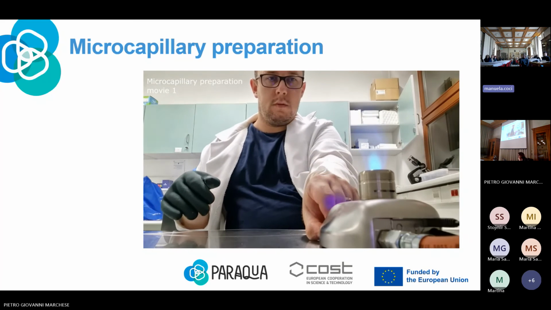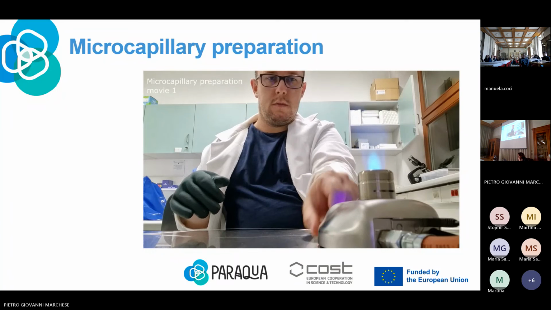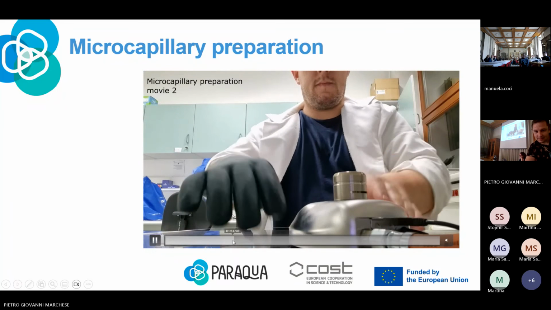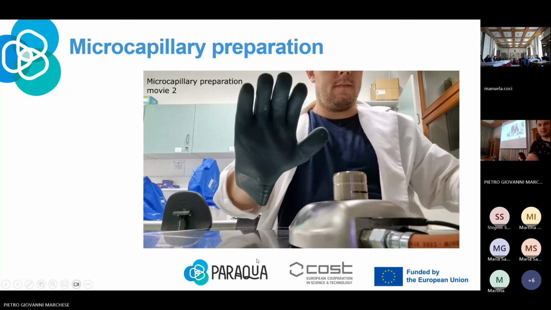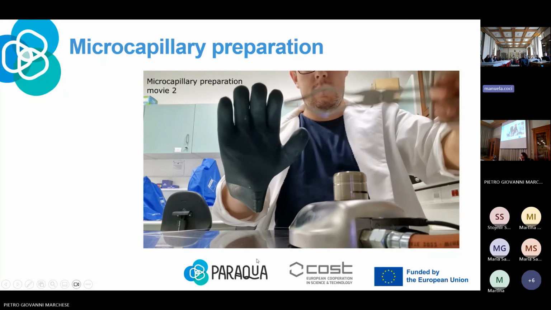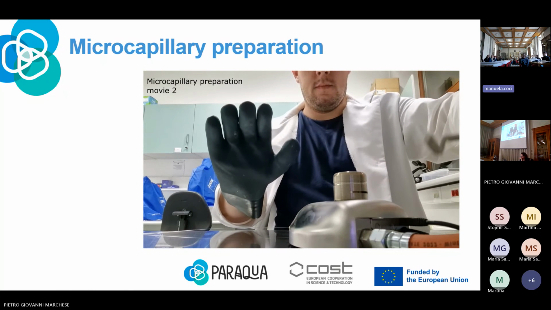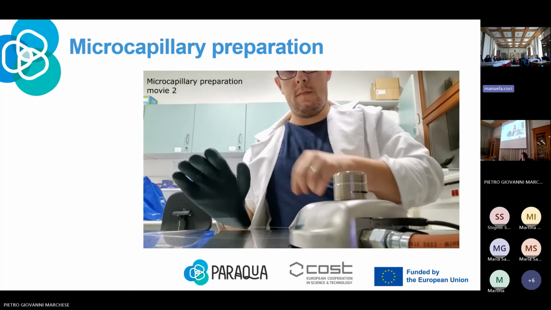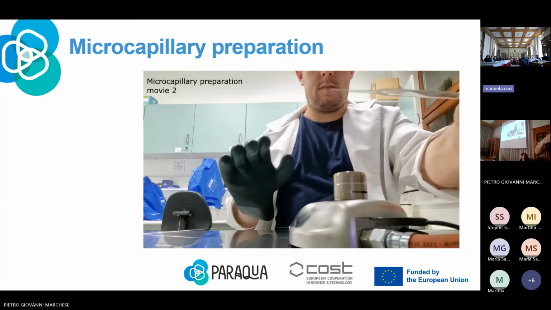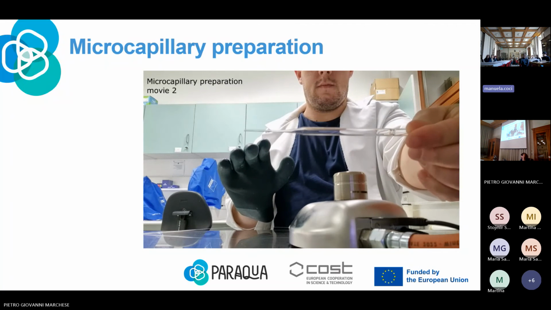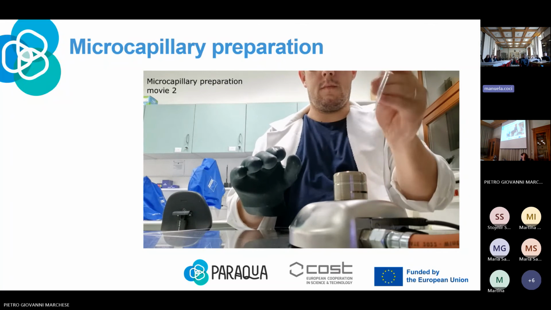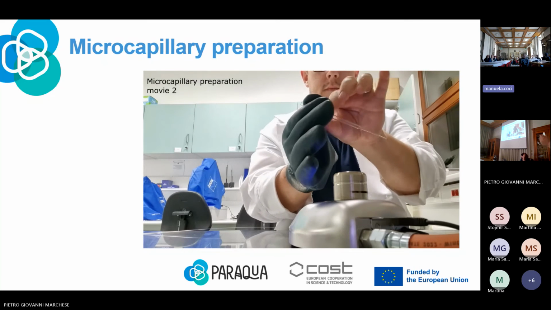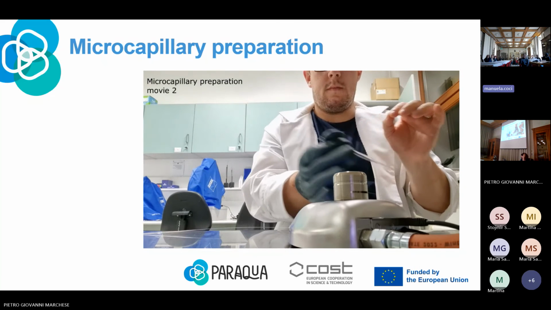It's good to have fire-protective gloves on one hand, and it's good to use scissors to hold the second part of the Pasteur pipette to stabilize it during the elongation process.